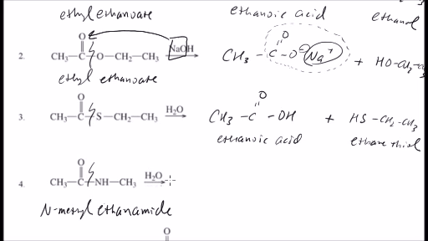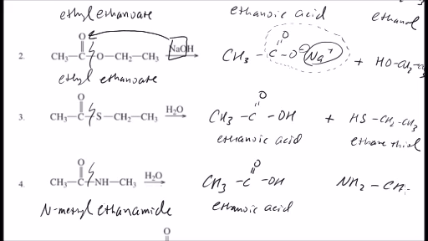We're going to get the hydrolysis going on. We're going to have the OH, of course, add to the carbonyl side, and we're going to form ethanoic acid again. Pretty standard trend, as you see with these reactions. And on the opposite side, we're just going to have the H bond here. So we have nothing more than a methylamine.